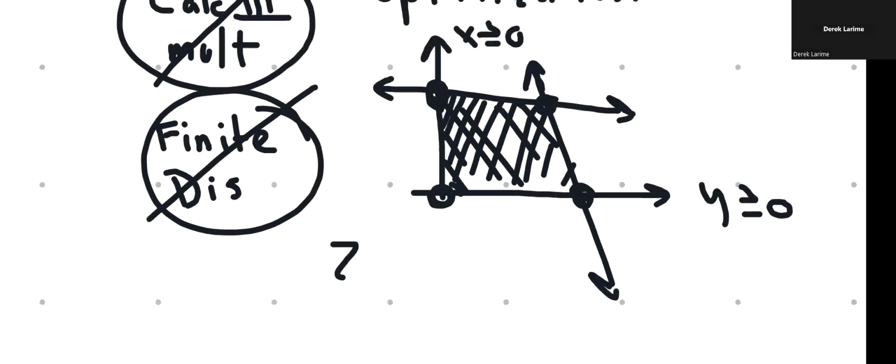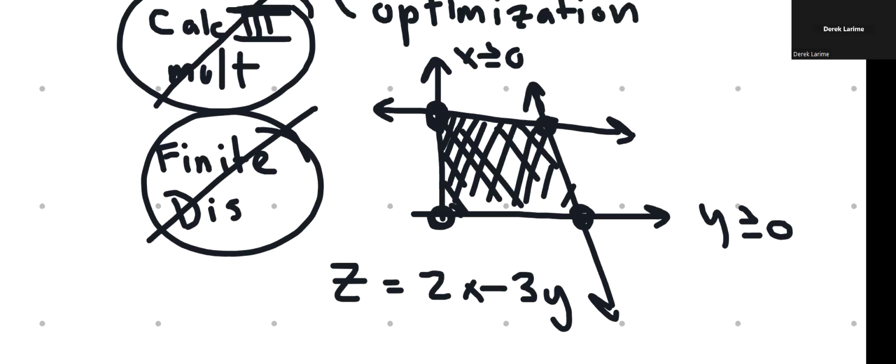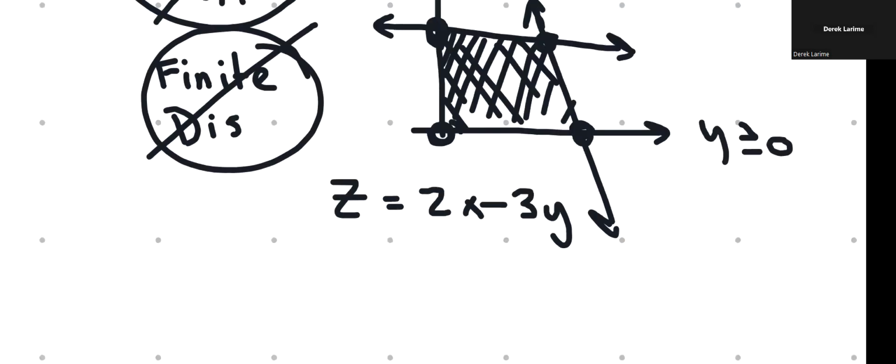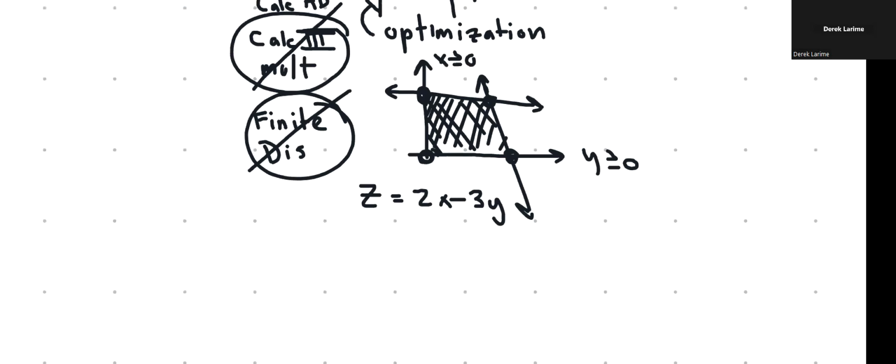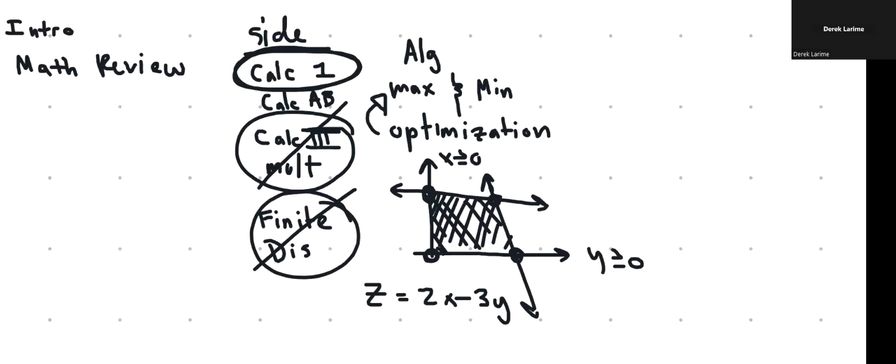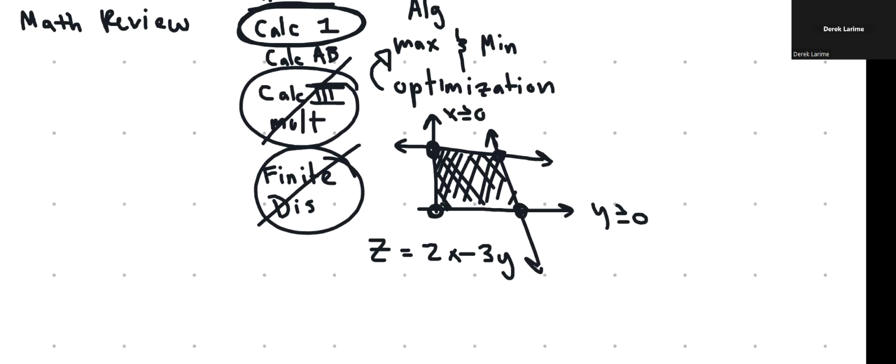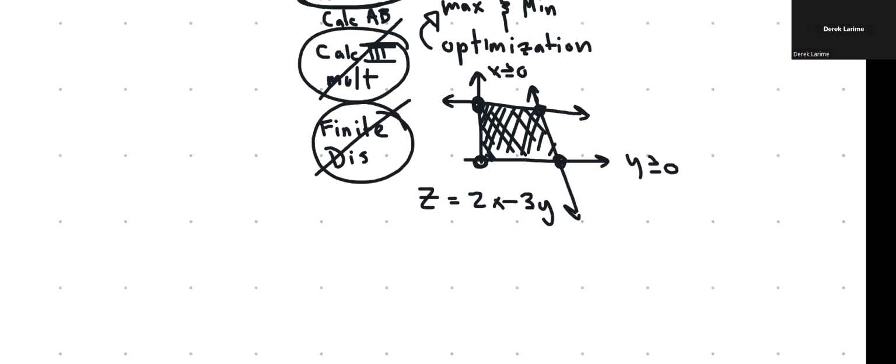This is ambiguous, we never learned this, but we have like a three-dimensional graph overhanging this thing, 2x minus 3y or something. We plug the corner points into the z function and find the highest one. So this is optimization, and we do have to have this for econ. It's a very easy thing. But honestly, in a college-level economics course, we go beyond that. So that's just an introduction that we don't always use.